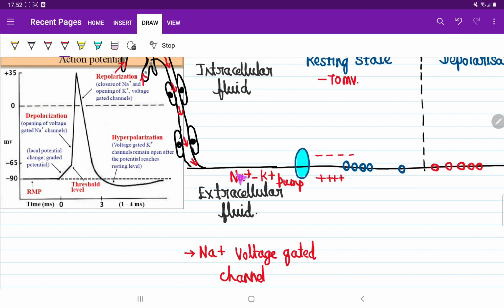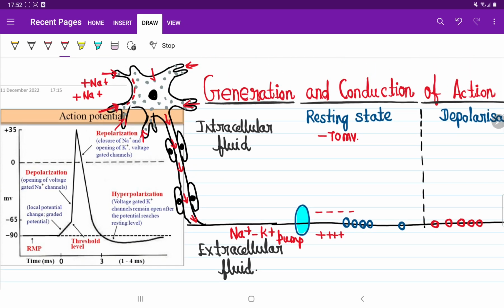Actually, in the plasma membrane of the neuron, and of any other cell also, different types of pumps and channels are present. What are these pumps and channels? These are specific kinds of proteins integrated into the plasma membrane, and they only facilitate transfer of ions. In the plasma membrane of our neuron, one pump present is called the sodium potassium pump.